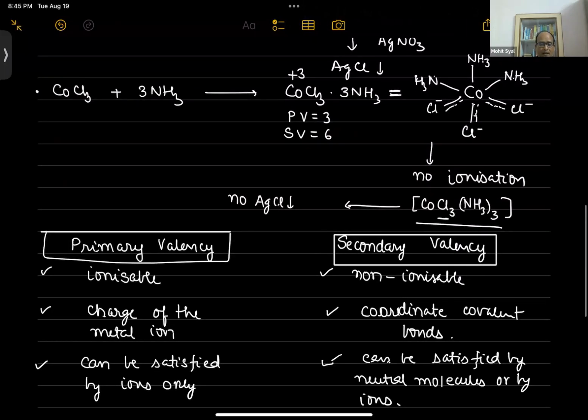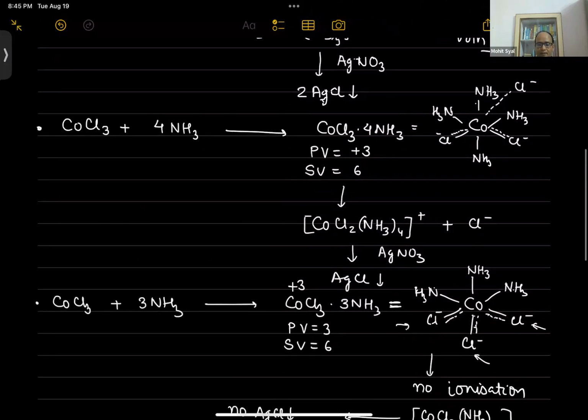Examples are these three chloride ions: they are satisfying both, but they are non-ionizable because they are satisfying secondary valencies. Same is the case here also. These two chlorides are non-ionizable, that chloride is ionizable. That is satisfying primary valency.